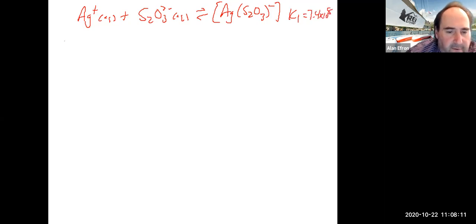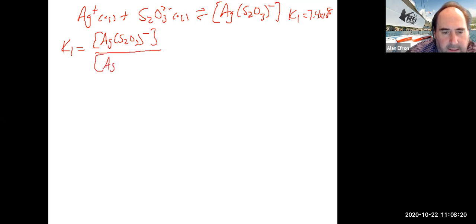Solving for K1, which would be our product divided by our reactant here, equals 7.4 times 10 to the 8.